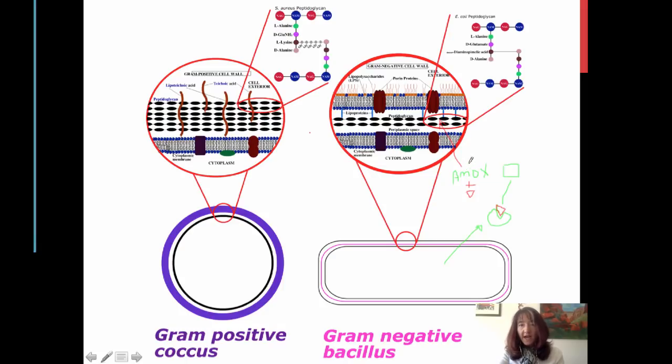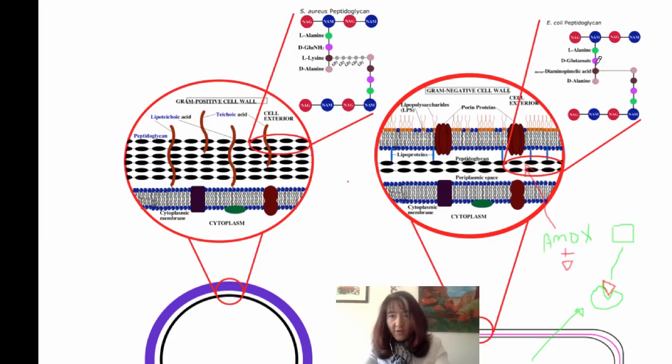The amoxicillin actually works by inhibiting the enzyme that builds the tetrapeptide chain. So if we zoom in on the peptidoglycan, what we would be looking to inhibit is literally the enzyme building the bonds within the tetrapeptide chain.